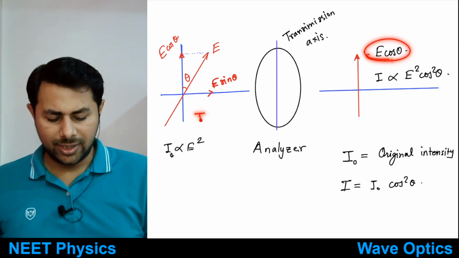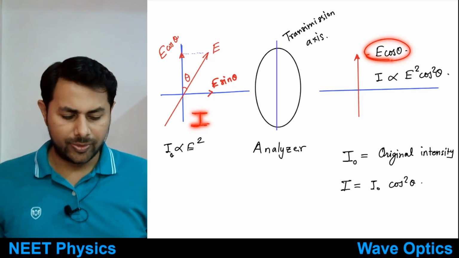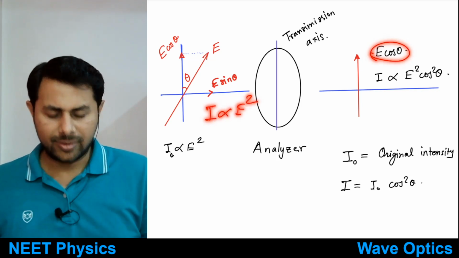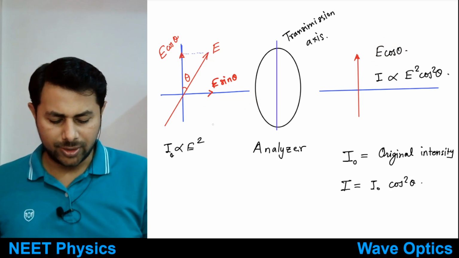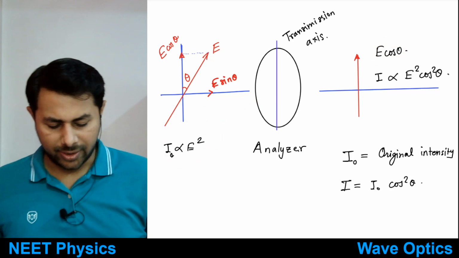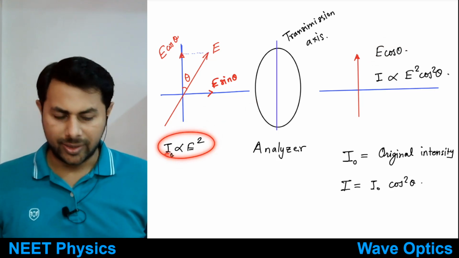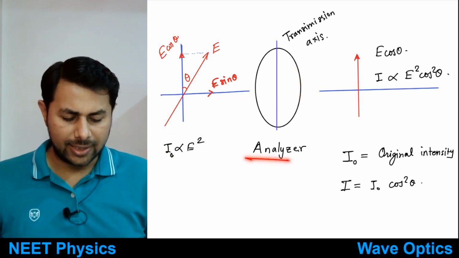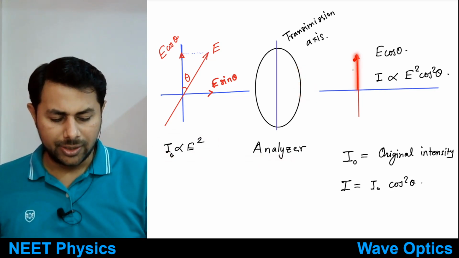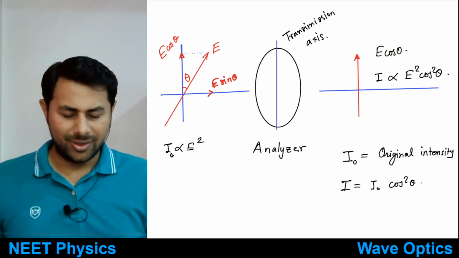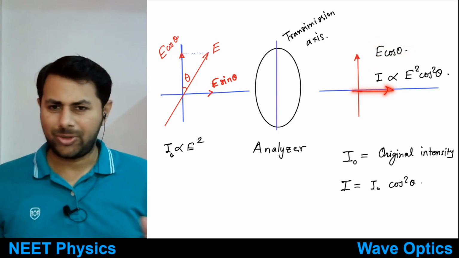So the intensity here is suppose I. I naught is directly proportional to E square. The intensity passed through the analyzer is directly proportional to this component squared, because only this component is left; the perpendicular component is blocked.